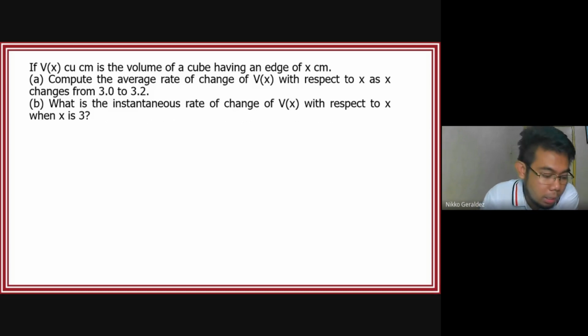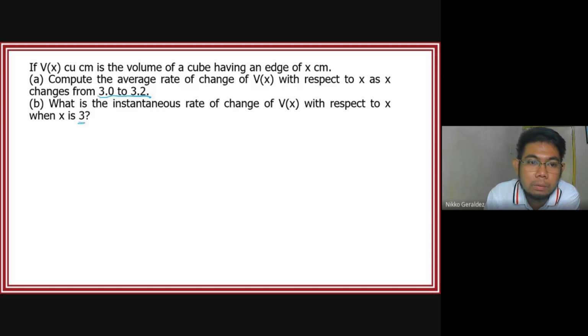So solve natin average and instantaneous rate of change. Di ba sa average, meron kang interval 3 to 3.2. 3.2 x sub 2, 3 x sub 1. Sa instantaneous, meron ka lang isa. 3. So ano daw yung rate of change if x is 3? Sa specific value.